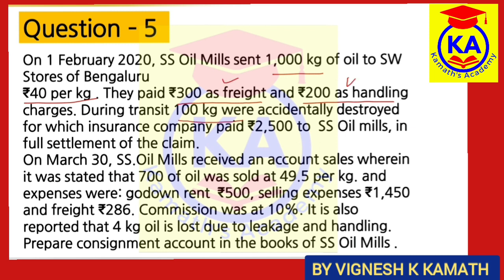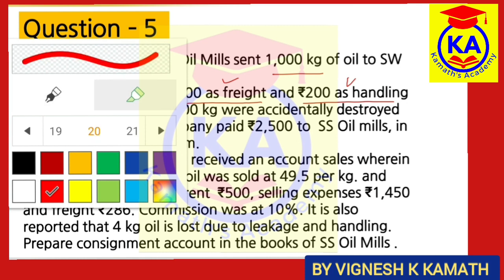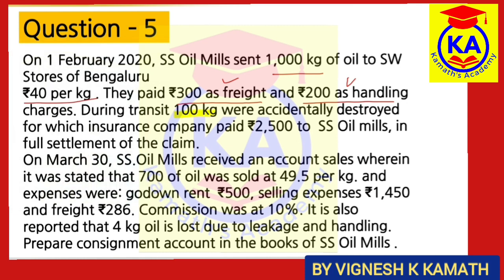During transit 100 kgs were destroyed accidentally. So is this normal loss or abnormal loss?